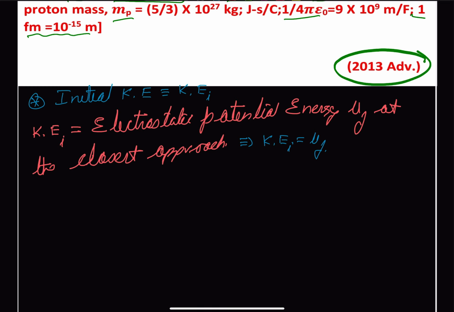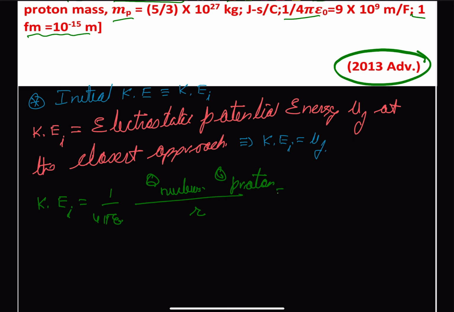So kinetic energy initial is equal to 1 upon 4 pi epsilon naught, charge on the nucleus multiplied by charge on proton, over the distance of closest approach, let us say r.